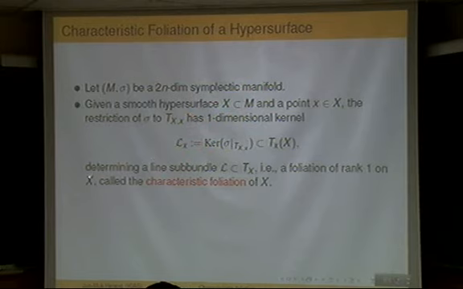So this way you get a line subbundle. In other words, you get a foliation of rank 1 on the hypersurface. And this is called the characteristic foliation of X. So whenever you are given a hypersurface in a symplectic manifold, you automatically have a natural foliation on the hypersurface.